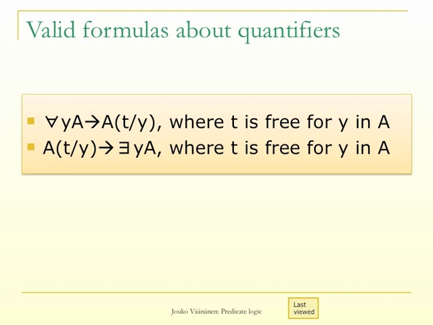The second fundamental valid formula related to quantifiers is A t/y implies there exists y A whenever again t is free for y in A. So why is this valid? Suppose M is a model and S is an assignment.